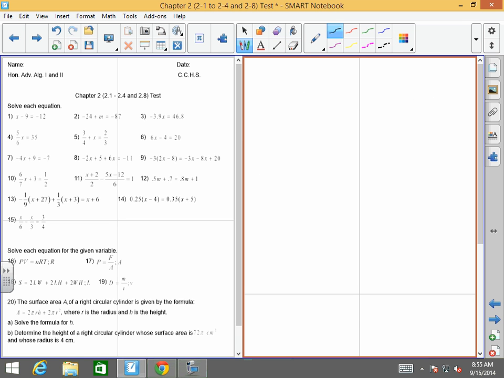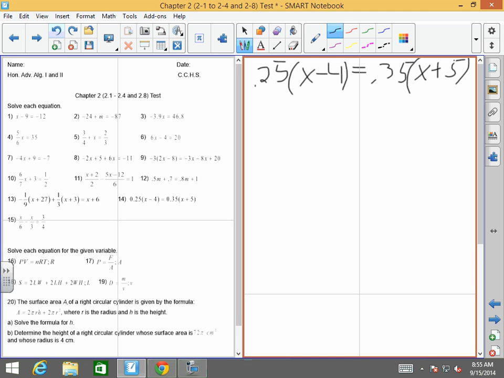Okay, number 14. I've got 0.25 times x minus 4 equals 0.35 times x plus 5. Okay, so I'm going to distribute my 0.25 to x. No, actually, no, I'm not. I don't want to work with decimals.